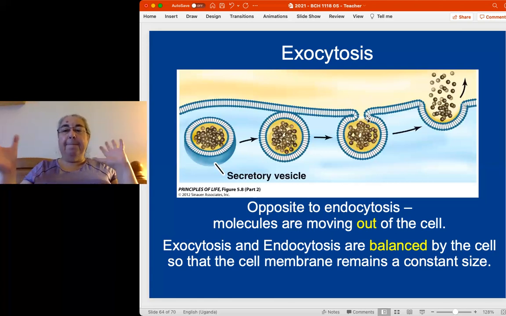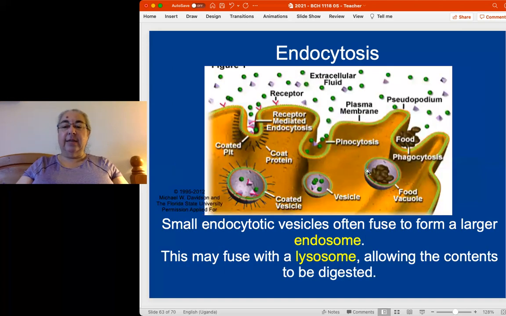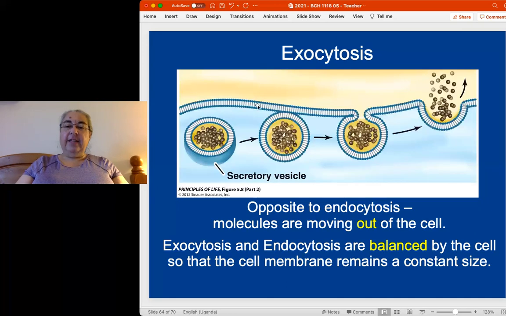So there has to be a balance between endocytosis and exocytosis, vesicles being pinched off and brought into the cell, and vesicles fusing with the cell membrane and releasing contents outside, but overall the size of the cell membrane stays the same.